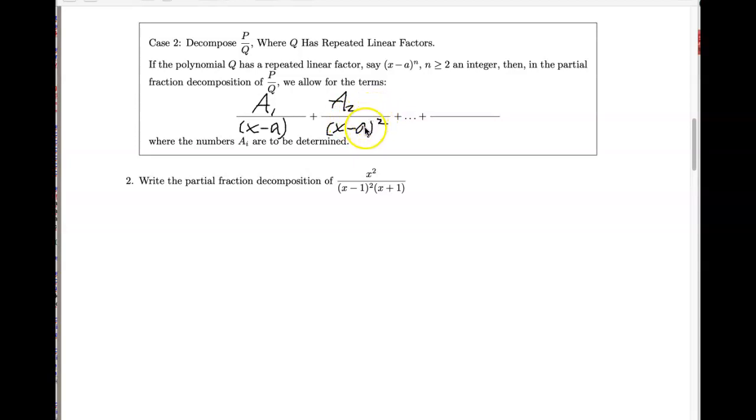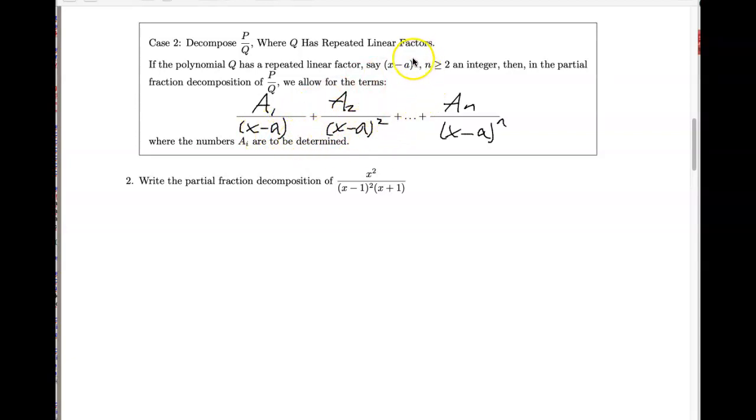So if n is 2, this is how we would set up the partial fraction decomposition. If n is 3, we would have A sub 3 over (x minus a) cubed. And since n is n, we'll have plus dot dot dot plus A sub n over (x minus a) to the n.